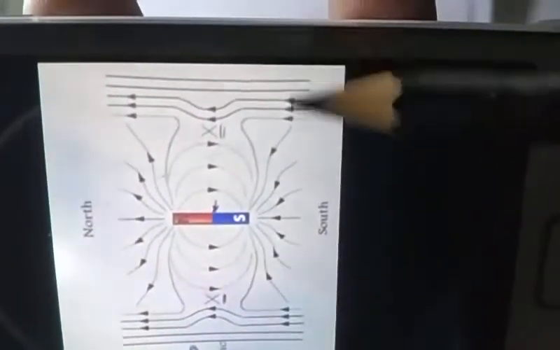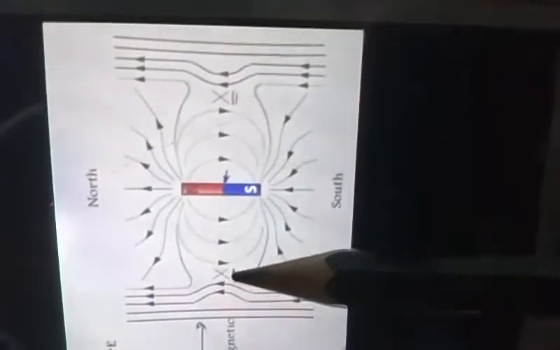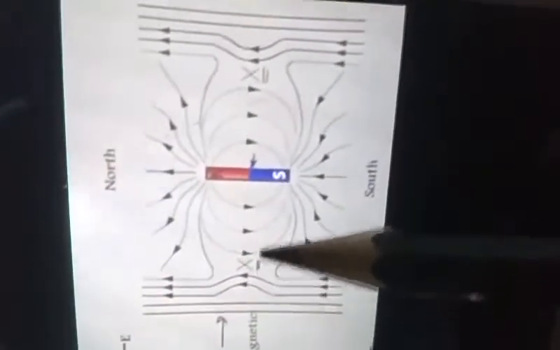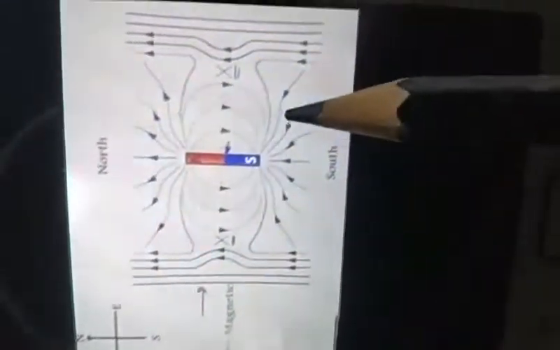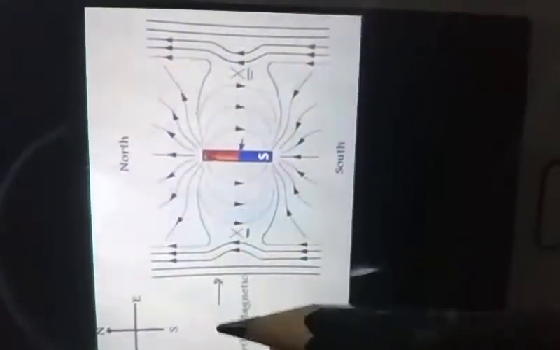So here you can see an area will be generated. From the south to north hemisphere the earth's magnetic lines are equidistant and parallel, but when we keep a bar magnet anywhere on the earth, you can see a cross sign in this place, and here also a cross sign.